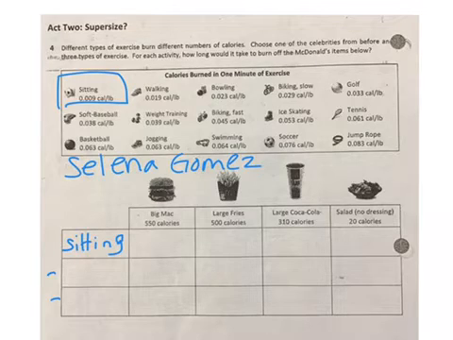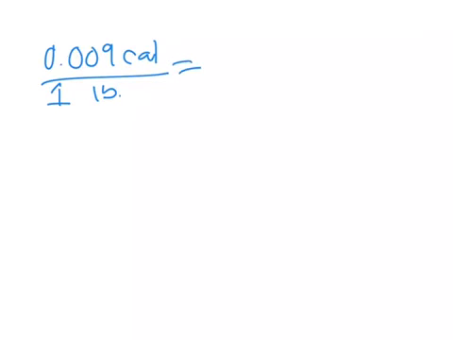So follow along with me. Okay, so now we know that Selena weighs 125 pounds. And we also know that whenever you are sitting, you burn 9,000th of a calorie per 1 pound. So I'm going to go ahead and set up a proportion to figure out how many calories Selena Gomez burns per minute whenever she's sitting.